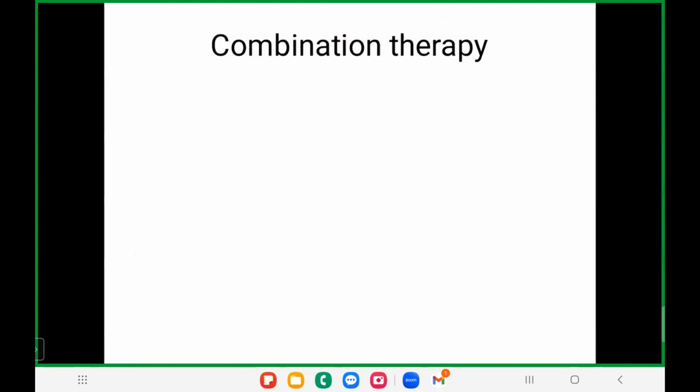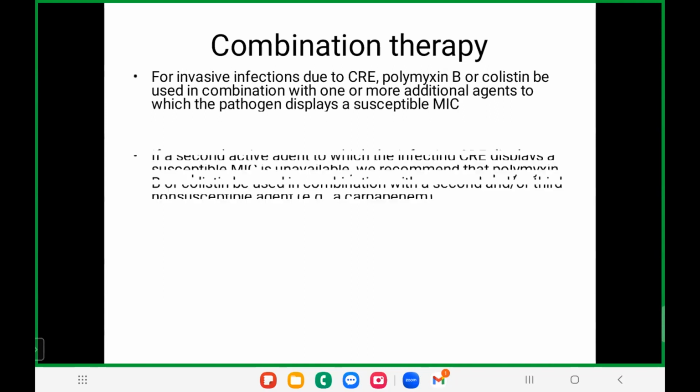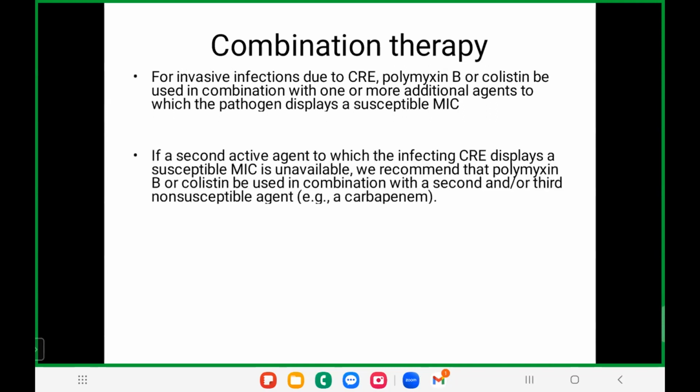So polymyxin should be given as combination therapy. You cannot use monotherapy. So you need to choose the other antibiotic based on the susceptibility pattern. If you have another susceptible antibiotic, you combine with it. But if there is no susceptible antibiotic, say you have a Klebsiella which is resistant to all the drugs except intermediate to polymyxin B, you can use polymyxin B, but you need to add a second agent which has an MIC almost or near equal to your susceptibility breakpoint.